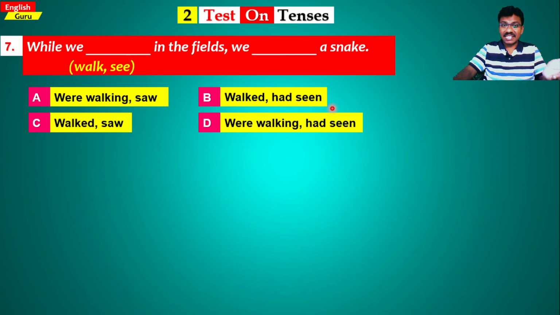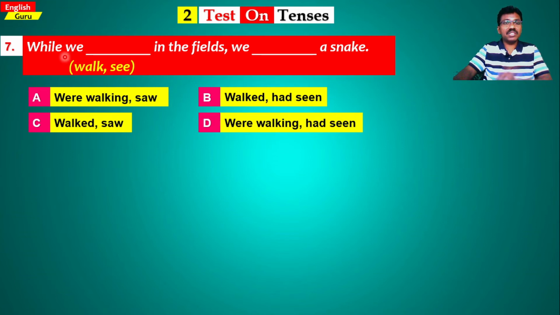Walked, had seen, okay. Walked, saw, this also seems right. Were walking, had seen. Now obviously option D is wrong basically. So we can eliminate it, as this is not a possible combination from the basic rule. So D can be eliminated, and from the remaining 3 we will select the right answer.